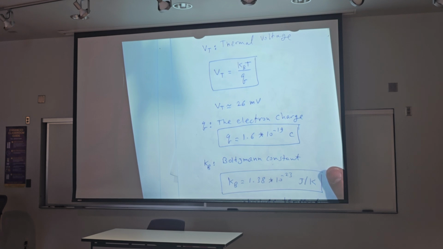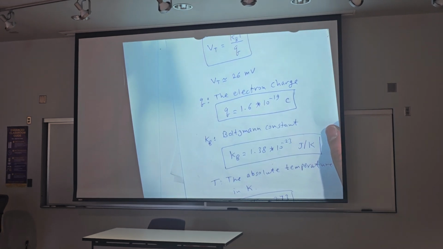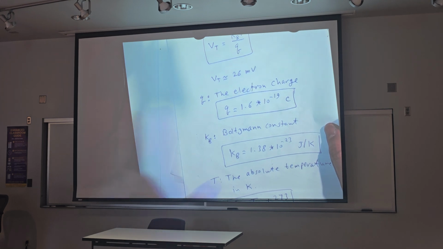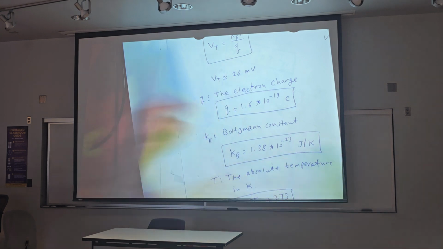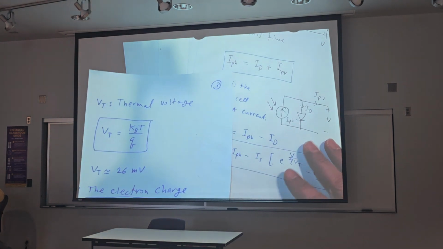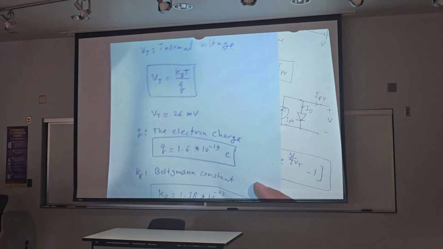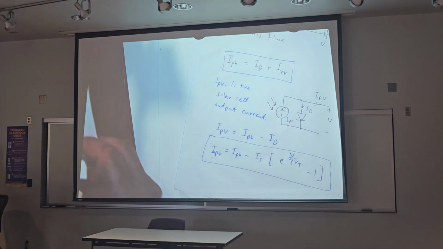So if we raise the temperature from 27 centigrade to 100 centigrade, V_T will change, increase. So it depends on the room temperature. But as standard we take room temperature 27 centigrade, so 27 plus 273 equals 300.